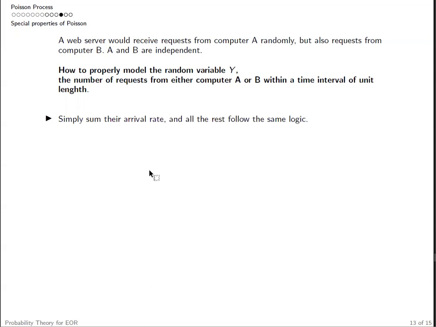And the rest follows exactly the same logic. So indeed, if A follows a Poisson distribution with arrival rate lambda A, B follows a Poisson distribution with arrival rate lambda B, and they are independent, the summation of them will still follow a Poisson distribution, but now with a different arrival rate, which is lambda A plus lambda B.